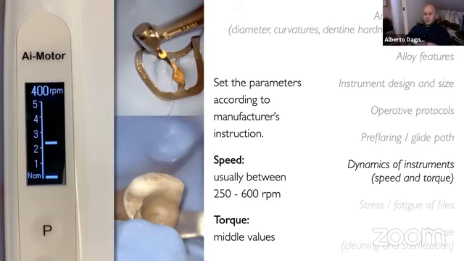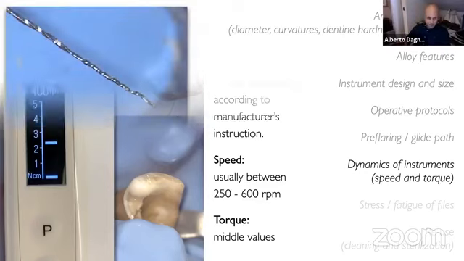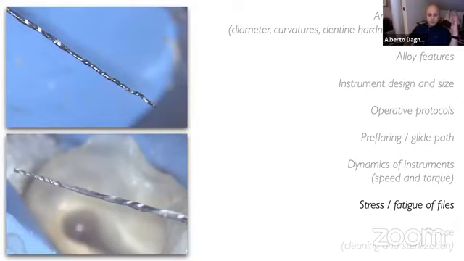Some modern electronic handpieces also have the ability to convert from continuous rotation to reciprocation according to the stress of the file inside the root canal. So we have to consider all these parameters as a cause of stress of the file.